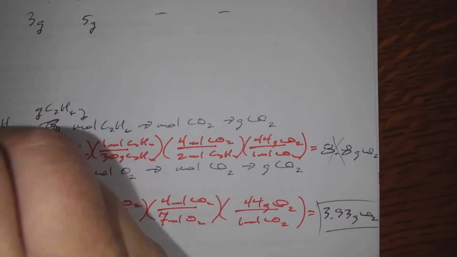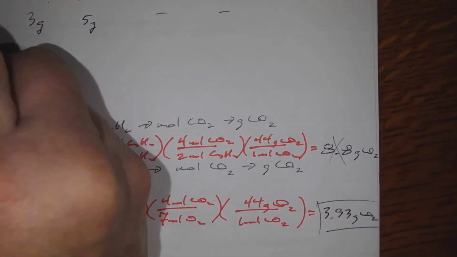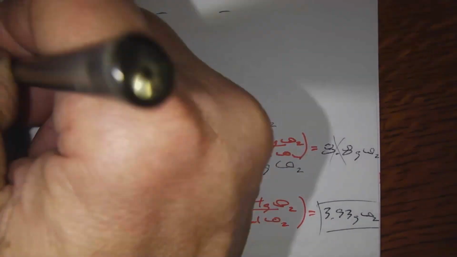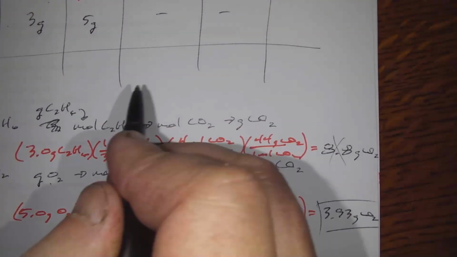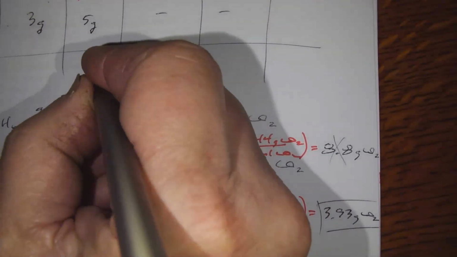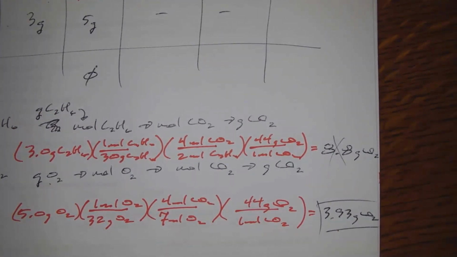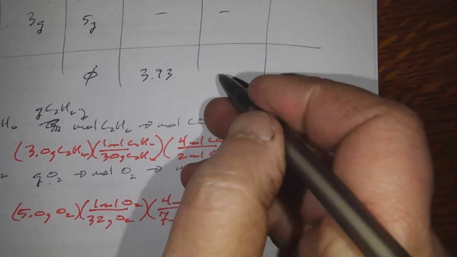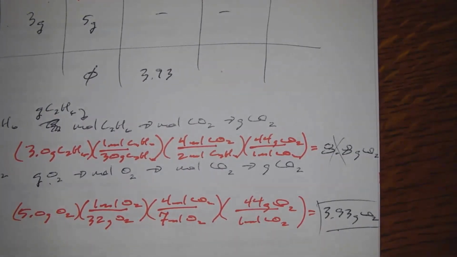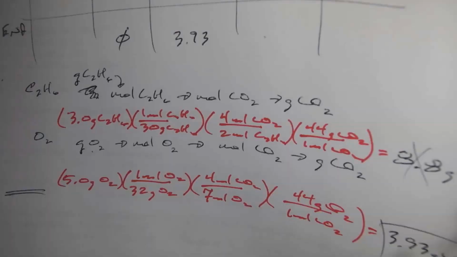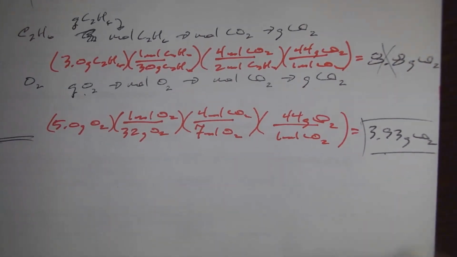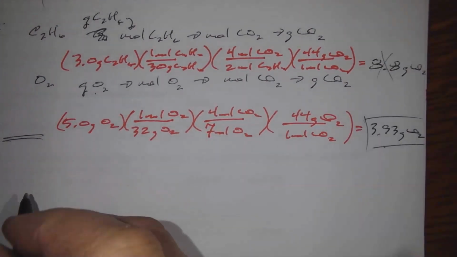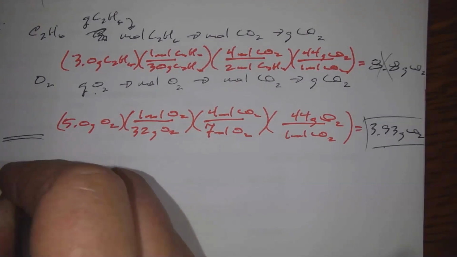Alright, so if I go back to my table here, I started with that. I'm going to end with, well, I've determined that O2 is limiting, so I'm going to have 0 of that. I've got 3.93 grams of CO2. So I'm going to do a similar calculation to figure out my grams of H2O, but I don't have to do the whole thing.